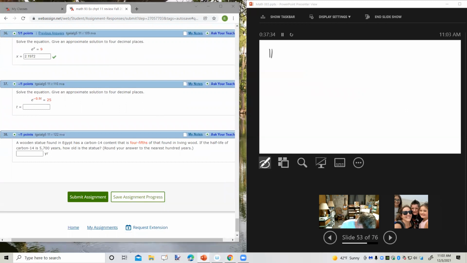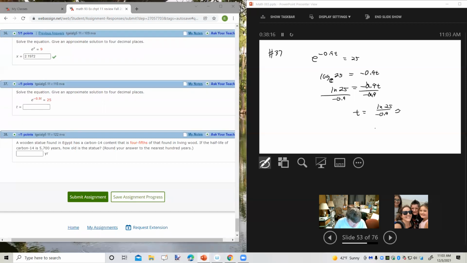37. Solve the equation, e to the negative 0.9 t equals 25. So log base e of 25 equals negative 0.9 t, but log base e is natural log of 25. Divide both sides by negative 0.9, and t is the natural log of 25 divided by negative 0.9.